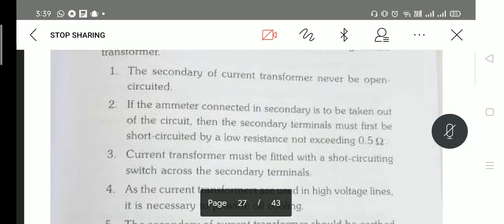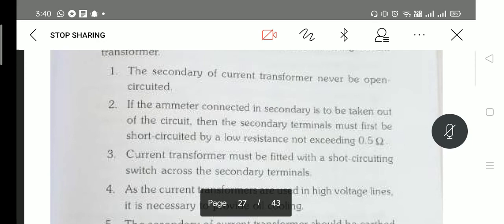And second one is, if an ammeter is connected to the secondary side, the secondary terminal must be short circuited. Whenever the ammeter is connected on the secondary side, the secondary will be short circuited, because the load resistance does not exceed 0.5 ohms.